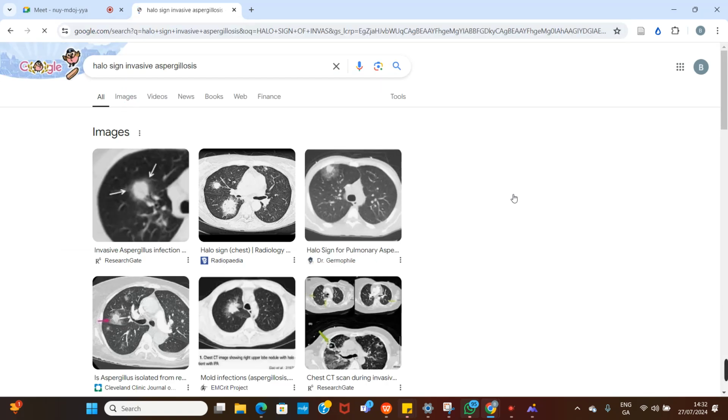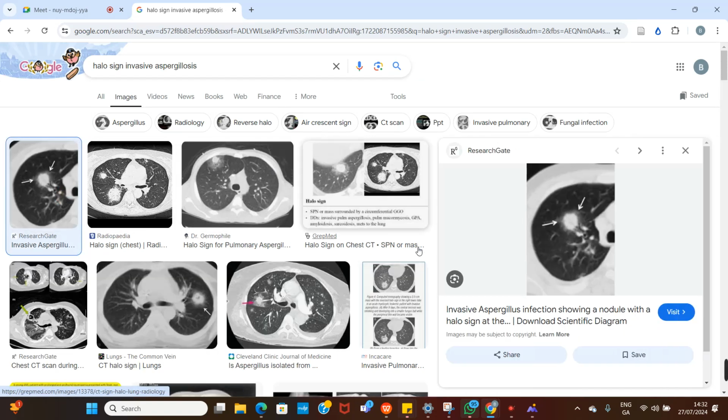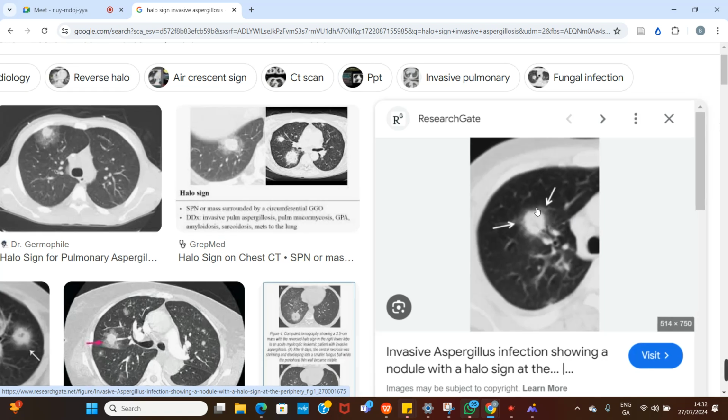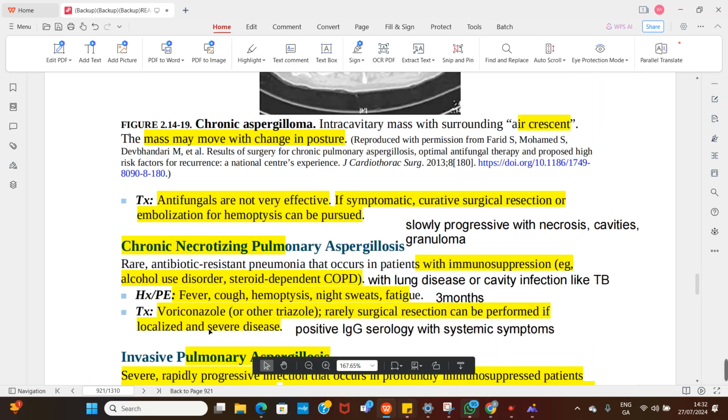Yeah, so once you see this, don't think this is like a cavity. You can see that this is showing a nodule with an area of fluffiness, ground glass opacity. So that's classic for invasive aspergillosis. But I don't think I even have the image there.